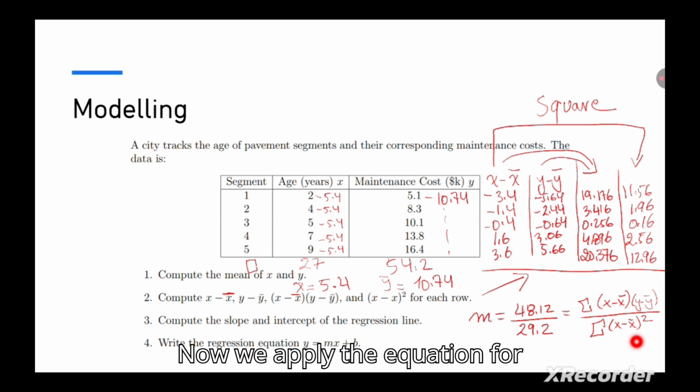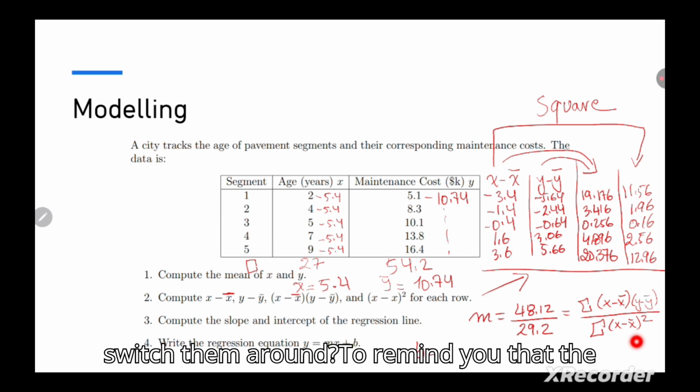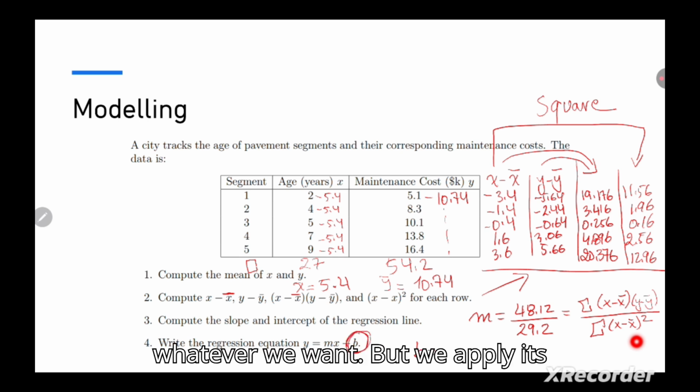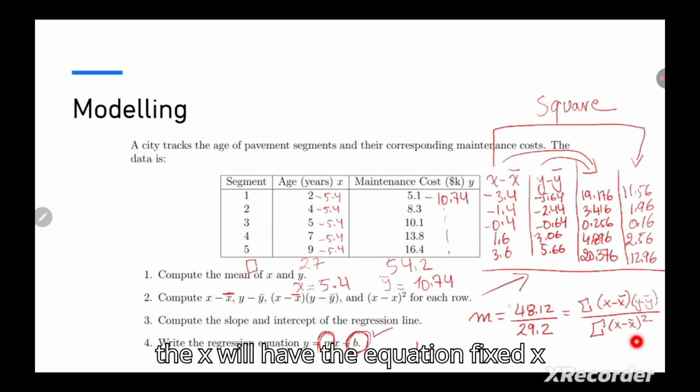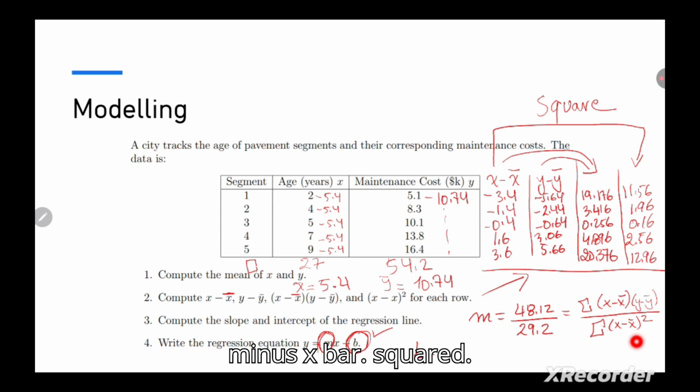Now we apply the equation for B, which is in your notes 8. Why did I switch them around? To remind you that the intercept, the one that is not multiplying the x, we can call it whatever we want, but we apply its equation, and the one that is multiplying the x will have the equation of sigma x minus x bar times y minus y bar over x minus x bar squared.